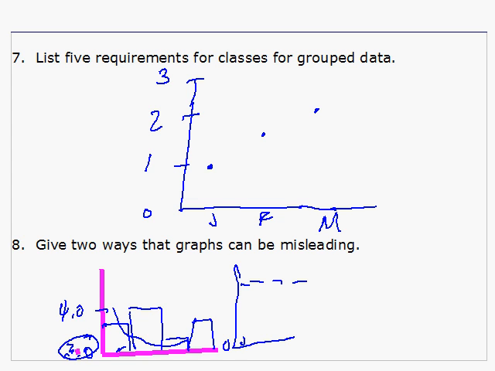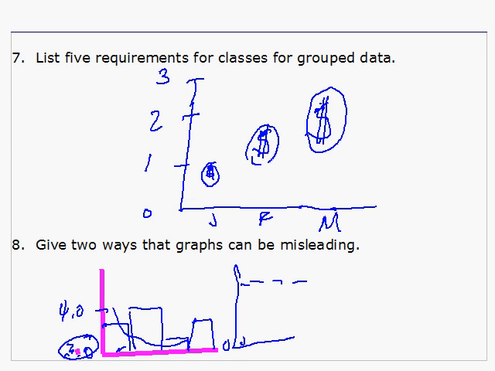Okay, instead of showing a dot, there's some figure showing, like, for example, a $ sign. And the $ sign looks small here, and then the $ sign looks bigger here, and the $ sign looks immense here. It's like using clip art instead of dots. Now, you can see that the change here is from 1 to 1.75 to 2, or something like that. But the size of these misleads you into thinking this is enormously bigger when it isn't.